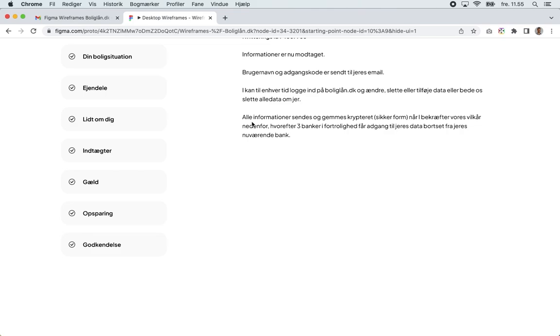I would need to check my net bank to see what is actually the rest of the Andels loan and how much I earn per month. I need to make sure with my husband, my partner, what his incomes and debt are.